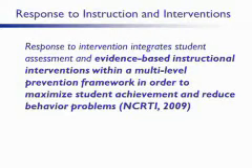So response to interventions integrates students' assessment and evidence-based instructional interventions. That word is very important. Evidence-based instructional interventions. What evidence do we have that the instruction that we're using with these children is really working?